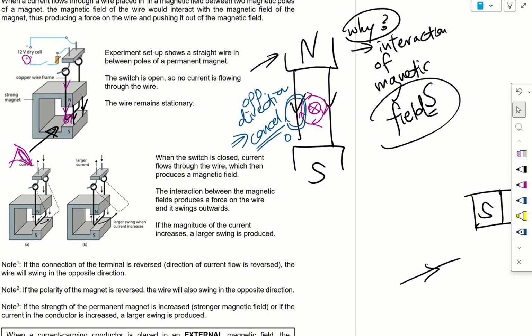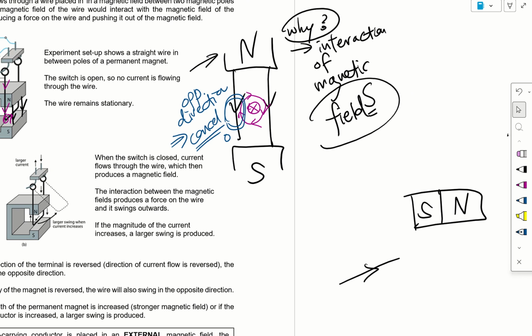Okay, then if I were to look at the right hand side, there are two magnetic fields. One is the black one produced by the magnet, going downwards, and the purple magnetic field produced by the current carrying wire. Okay, so there are two magnetic fields, but because they are in the same direction, they will actually reinforce each other.